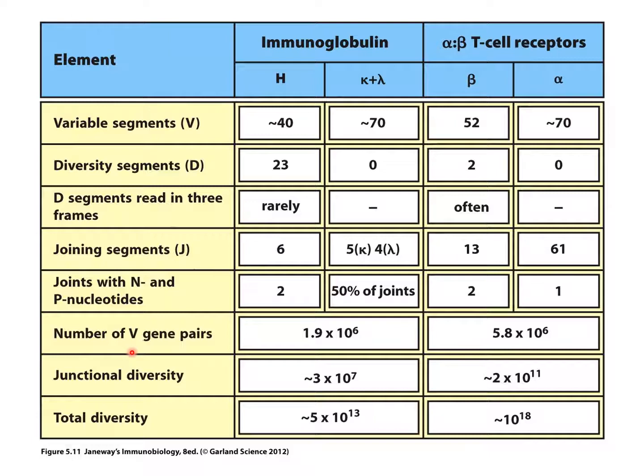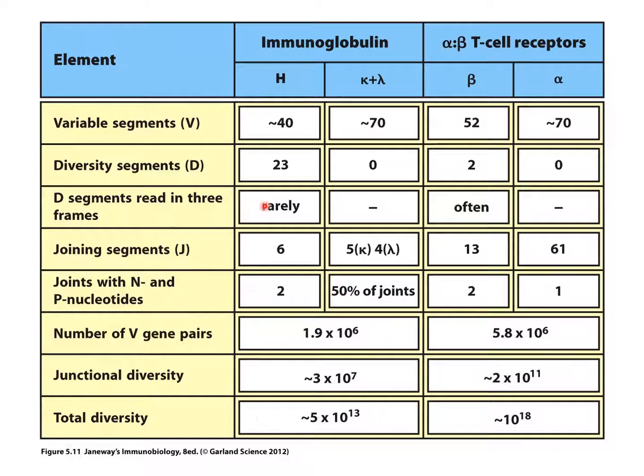Number of variable gene pairs. How many different ways you can do it? 1.9 times 10 to the 6th, 5.8 times 10 to the 6th. The junctional diversity, you start factoring in those, about 3 times 10 to the 7th, 30 million. 2 times 10 to the 11th, so that's 200 billion.